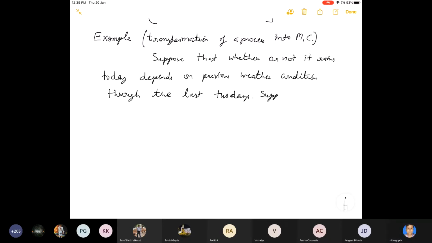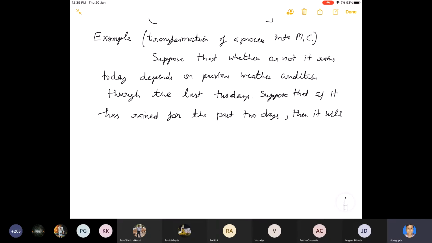Suppose that if it has rained for the past 2 days, then it will rain tomorrow with probability 0.7.